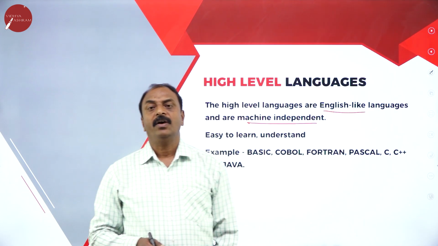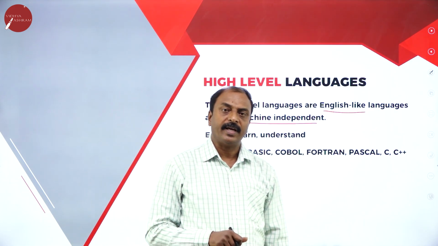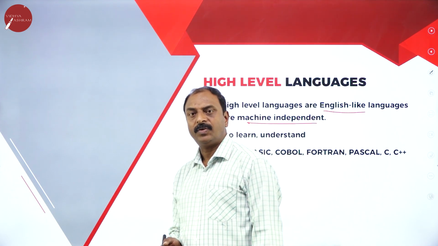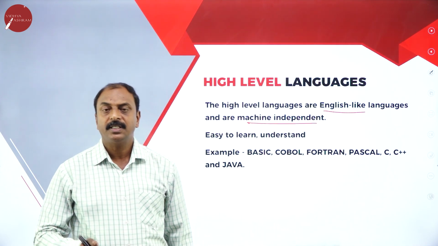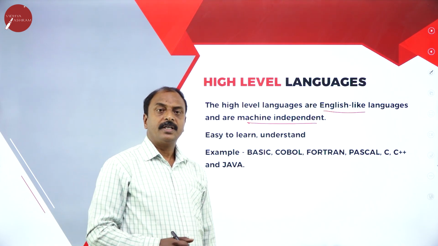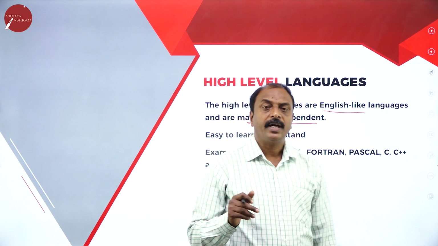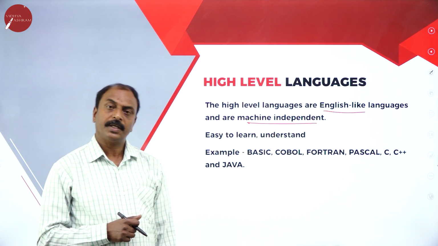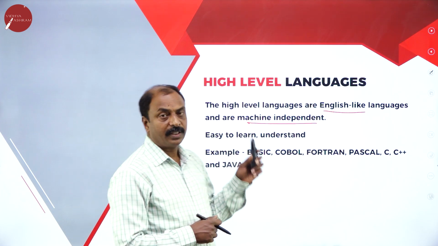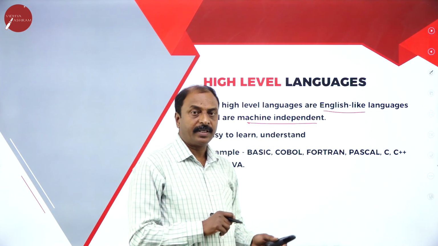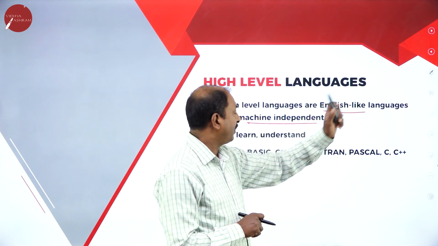While writing a program in high level language, we are using alphabets from A to Z, uppercase and lowercase, along with the digits from 0 to 9 and different special characters which are available on the keyboard. By making use of all these things, we can write a program in high level language. That is why it is English-like language.